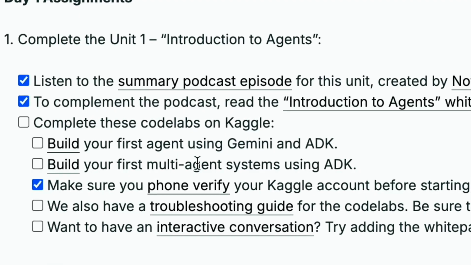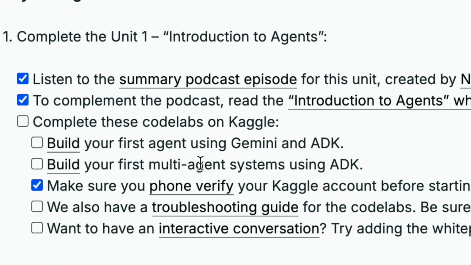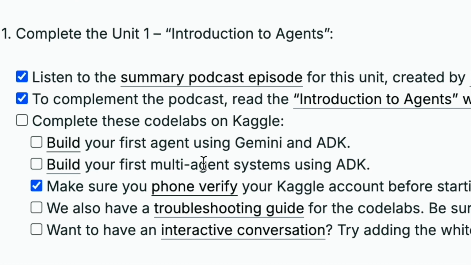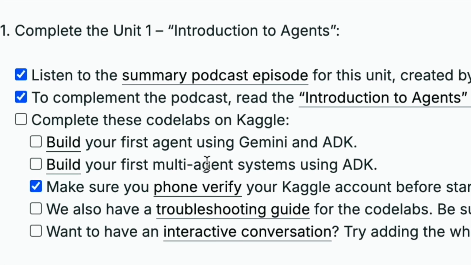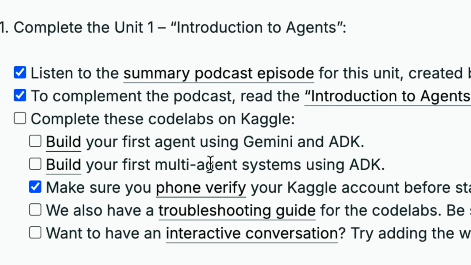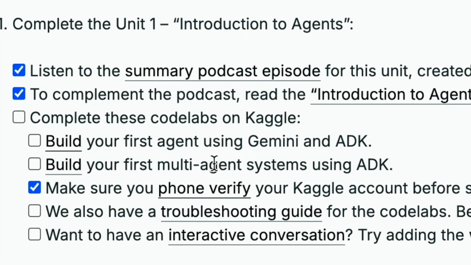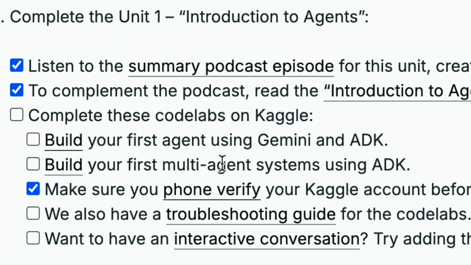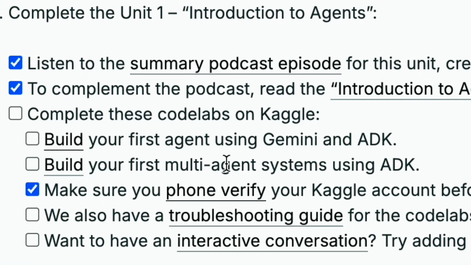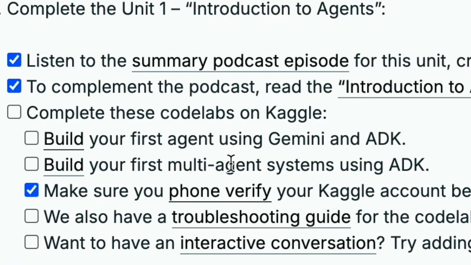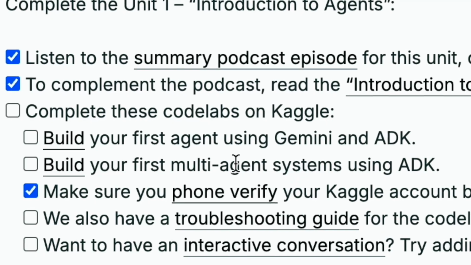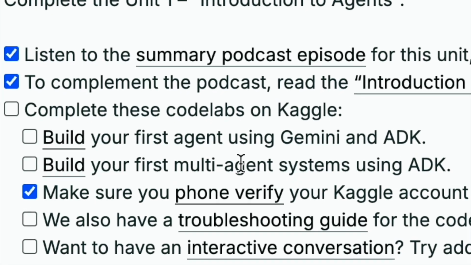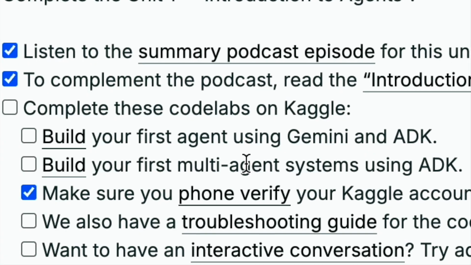Now, in the second code lab, the interesting part is it's not just helping us create a multi-agent system, but it also shows us how to create teams of specialized agents, and also shows us what the different architectural patterns available are, like sequential, parallel, loop, which has critic and retriever.